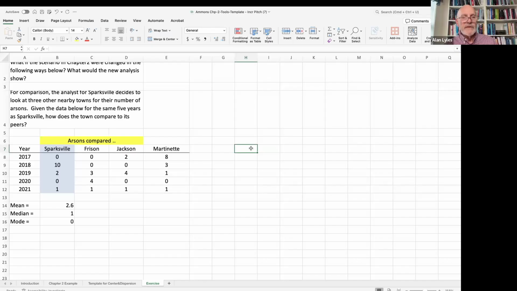Travis, what do you think about this so far? What do you think the next step would be? To perform the same formulas on each of the other columns. Correct. So let's take a look at these, Travis. If you look in the formula bar, these are relative, not absolute addresses.